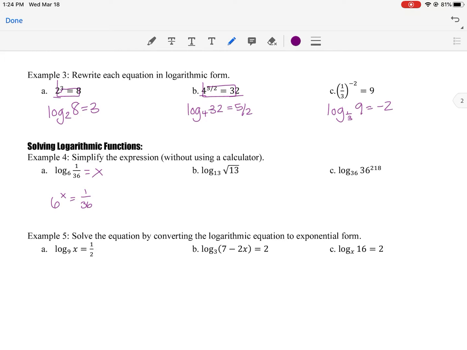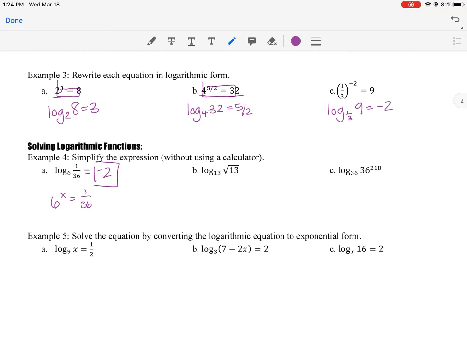So ask yourself, well, 6 raised to what power is 36? That's 2, and then since it's a fraction, it's negative 2. So really, rather than putting an x in, I just did that as a placeholder. They're really saying this answer is equal to the value of negative 2.